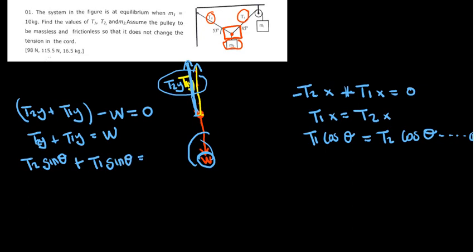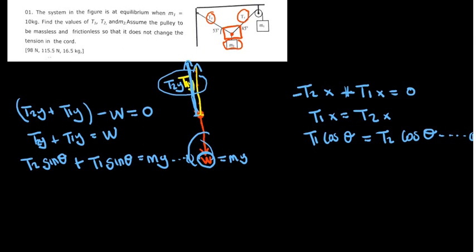The weight force. We know that the weight force is equal to mg, so it can simply be equal to mg. Okay, so now we have come up with these equations. So now let's simplify them to see what we don't have and what we have.